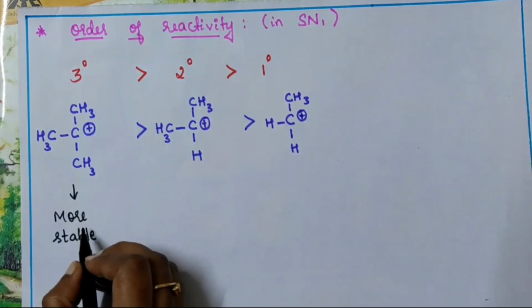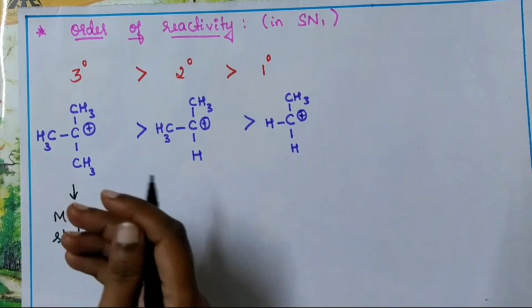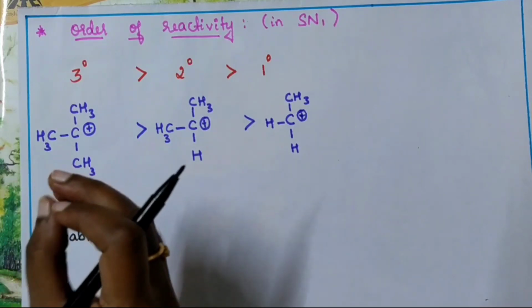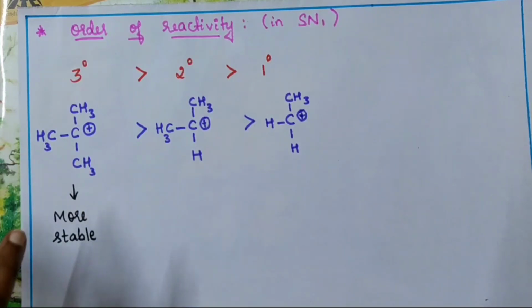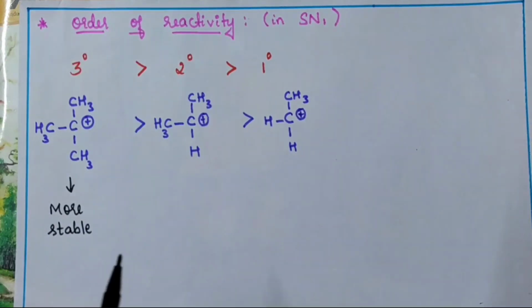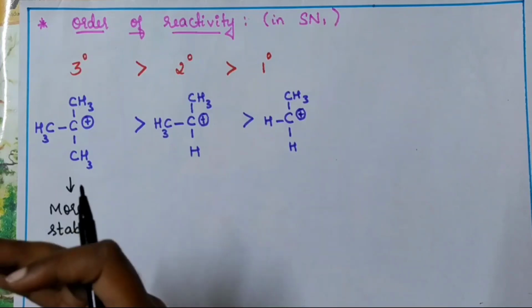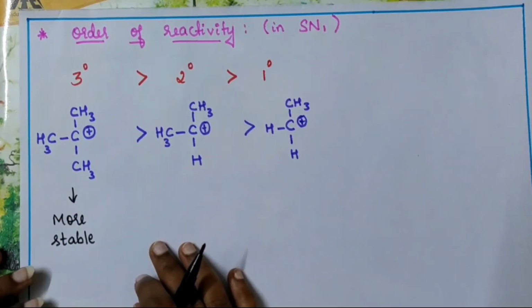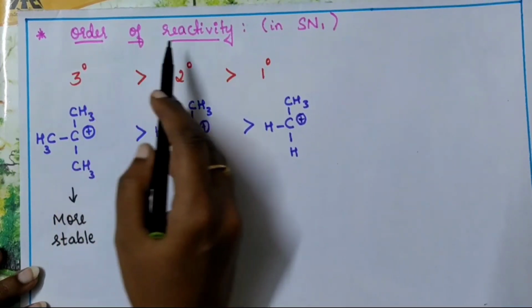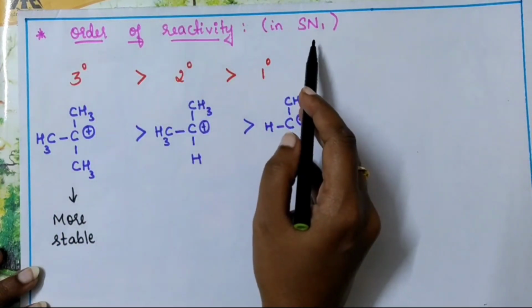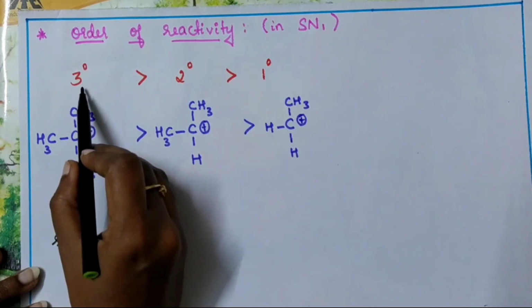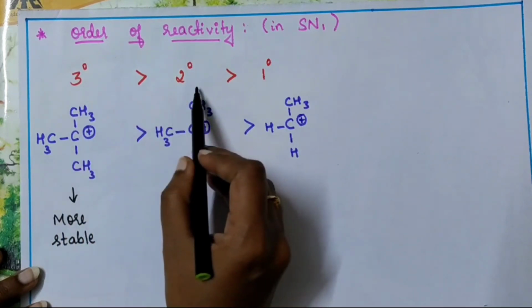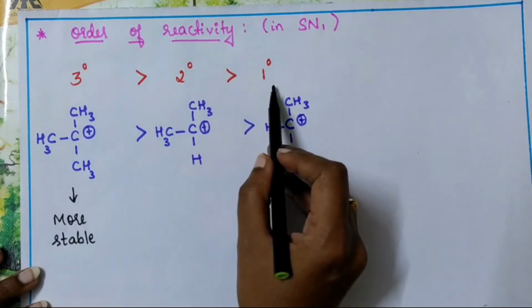Since it is more stable, a tertiary haloalkane favors undergoing the reaction so that it can form the more stable tertiary carbocation. Correct? That is why the order of reactivity in the SN1 reaction is tertiary greater than secondary greater than primary.